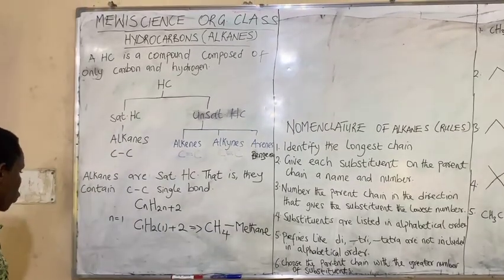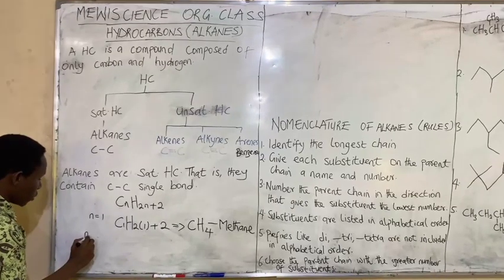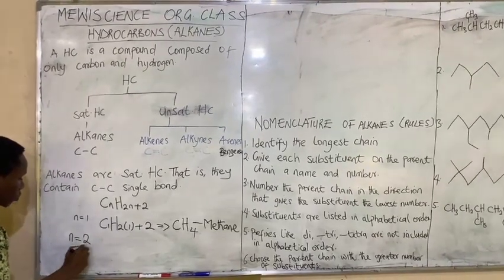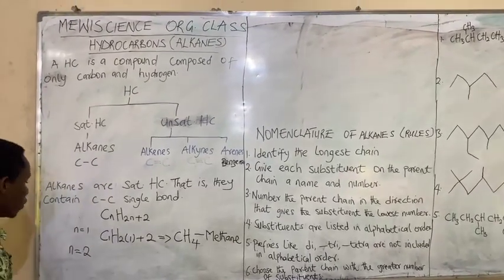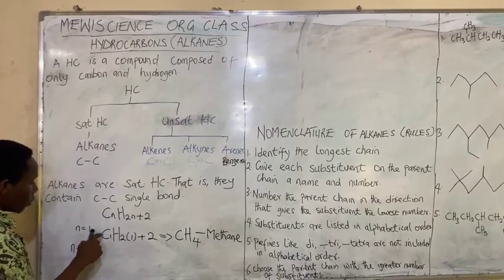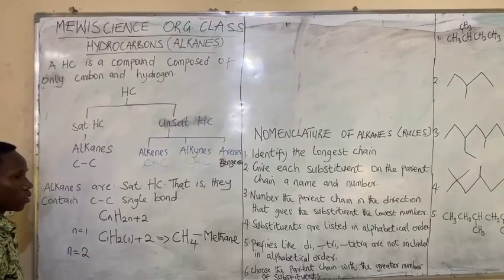If you want to go on, you can get the second alkane by making n 2. So if n is 2, we replace n in the equation with 2.